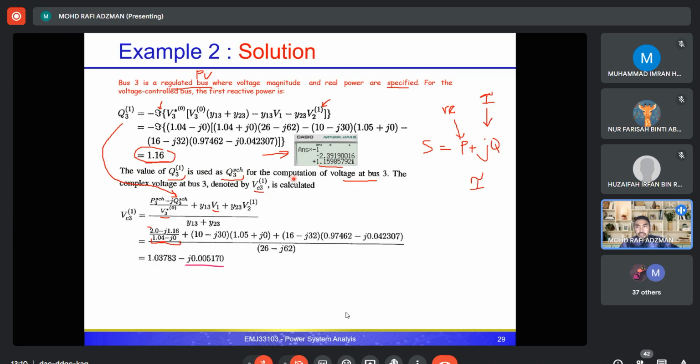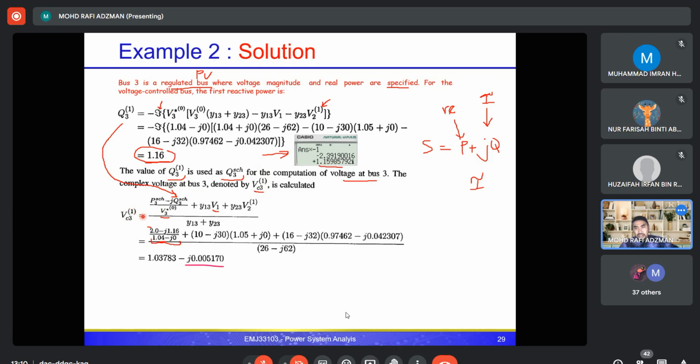So for the computation of voltage at bus 3, the complex voltage at bus 3 is denoted by VC3, where C stands for complex, and the superscript is for the first iteration. So you can start calculating VC3.